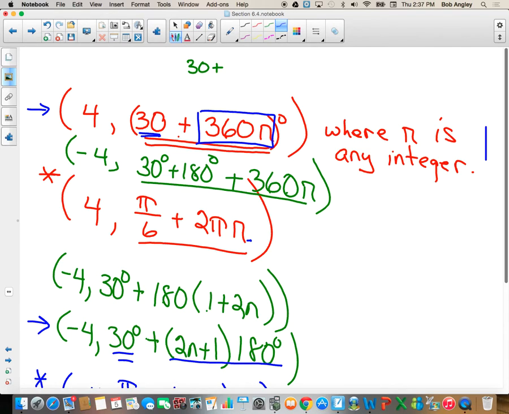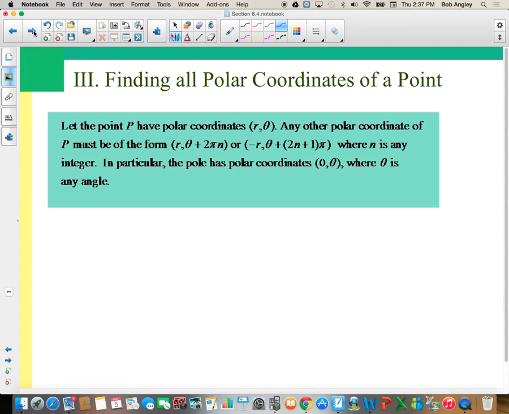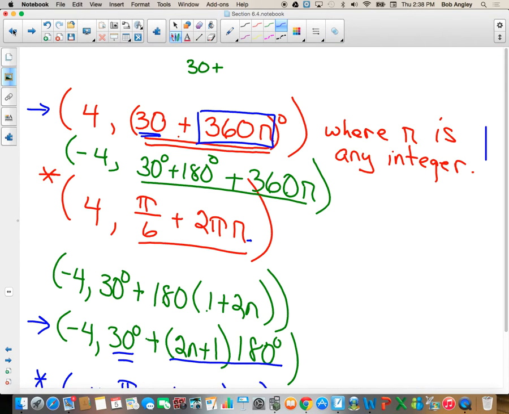Now I want you to look with me at the next slide right here, finding all the polar coordinates of a point. It said, let the point P have polar coordinates r, theta. Any other polar coordinate of P must be of the form r, theta plus 2 pi n, or negative r, theta plus (2n plus 1) pi. Now I want you to see the reason I was doing all this.